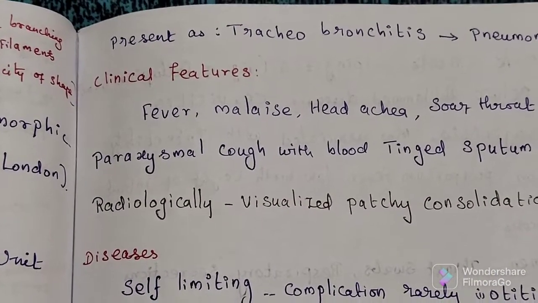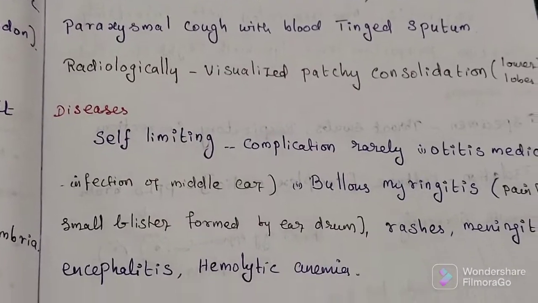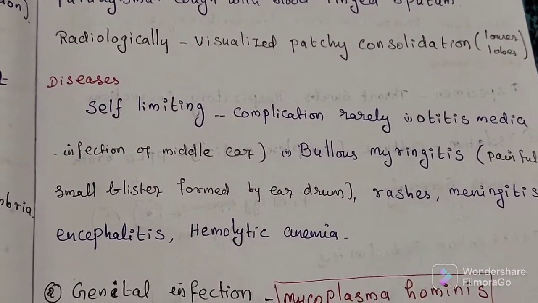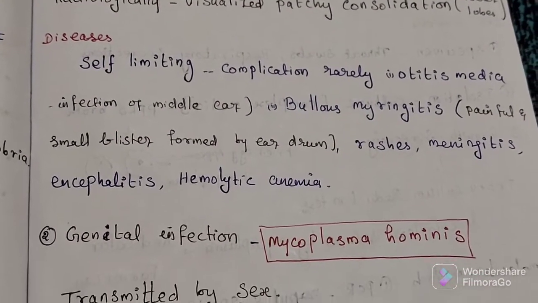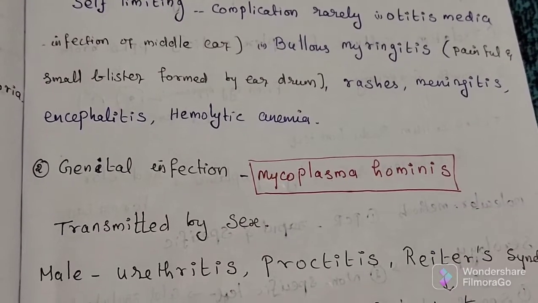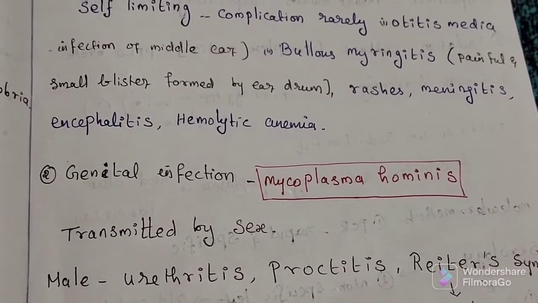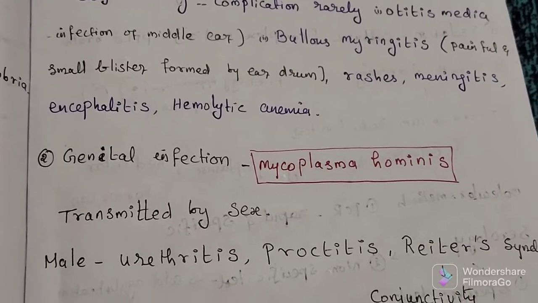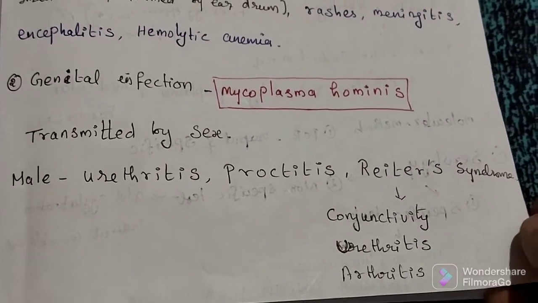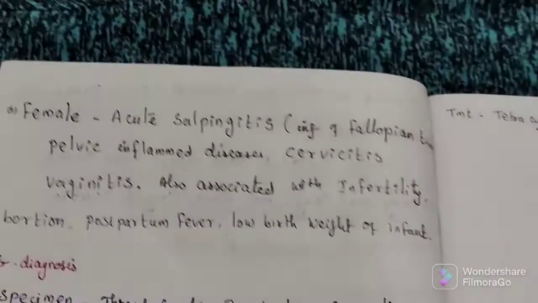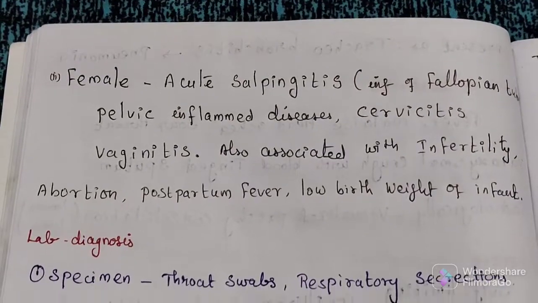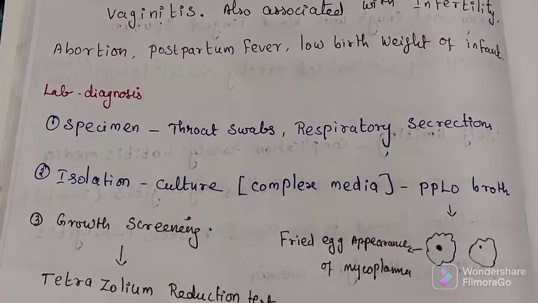First is pneumonia, clinical features, then disease is self-limiting only, complications. Then genital infection caused by Mycoplasma hominis, then female genital infection, laboratory diagnosis.